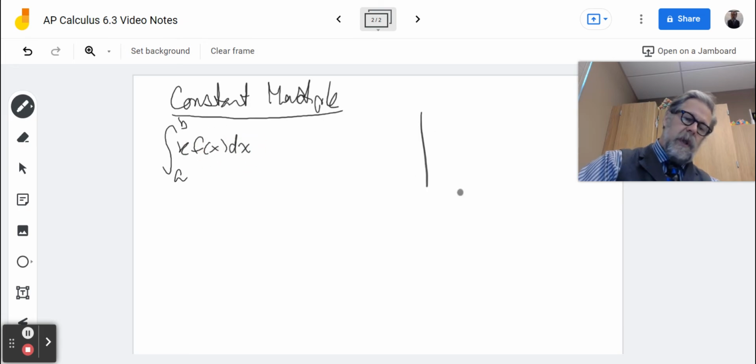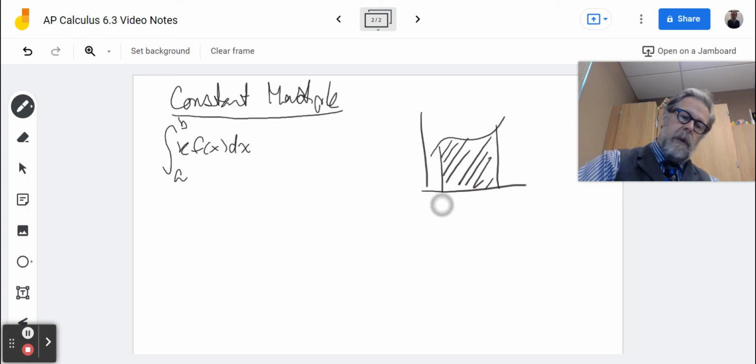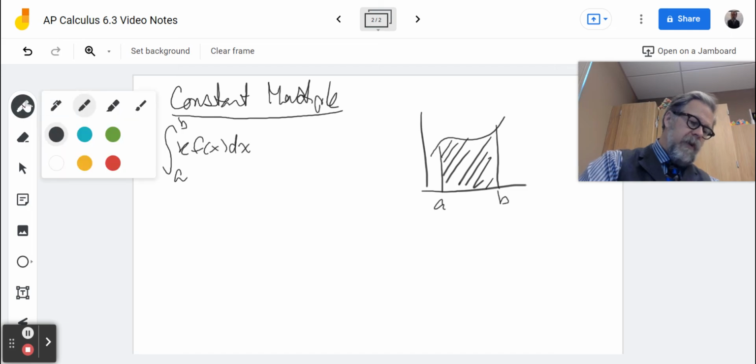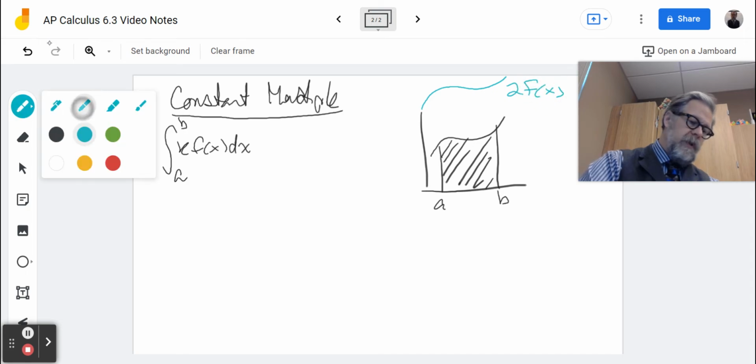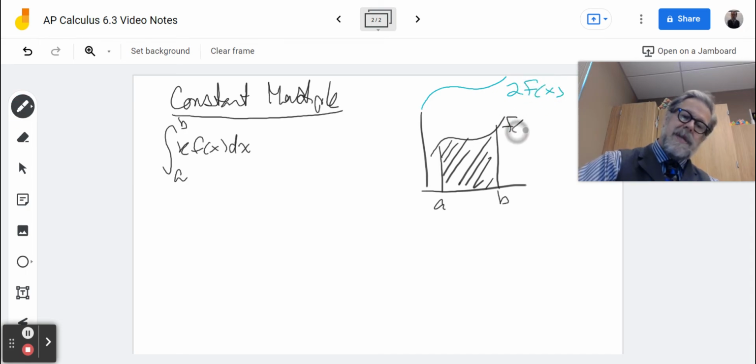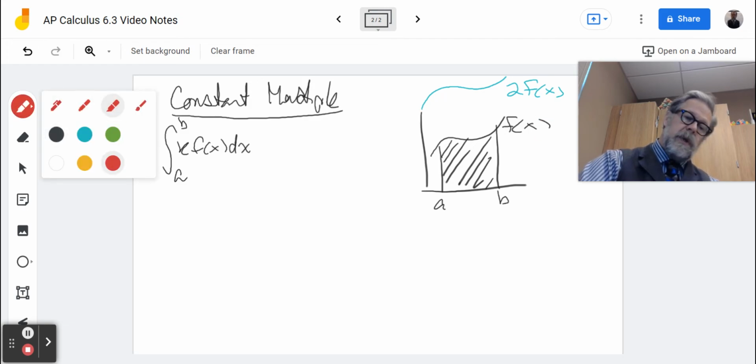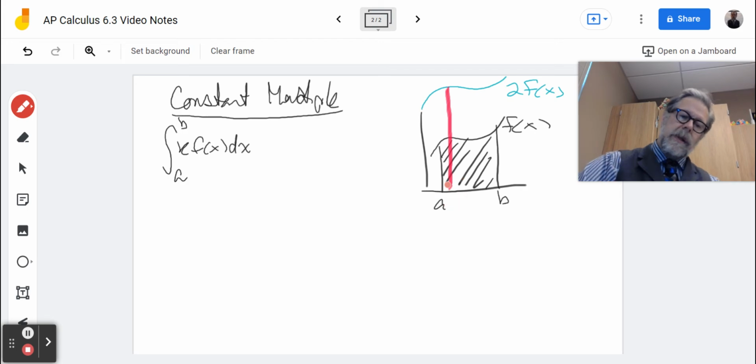Well, let's just very quickly think about this function. Here's some function, and here's the integral from a to b. Well, if I double the function, we'll call this f of x, every rectangle gets twice as tall, which means that the area gets twice as big.